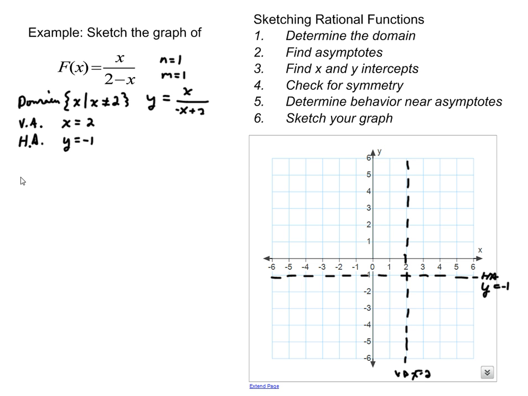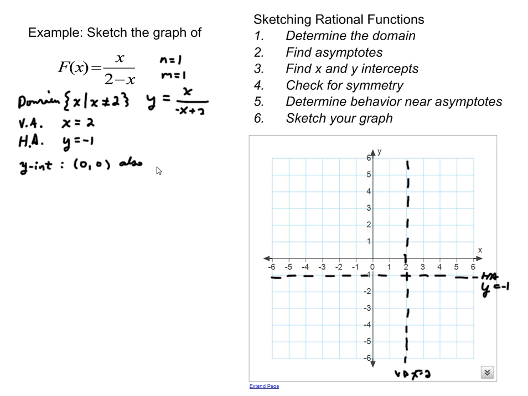Next, we need to find any x and y-intercepts. Remember that x and y-intercepts occur at zeros of the respective variables. So the y-intercept occurs where x is equal to 0, and in this case, that happens to be the point (0, 0). By the way, a y-intercept occurring at (0, 0) is also an x-intercept.